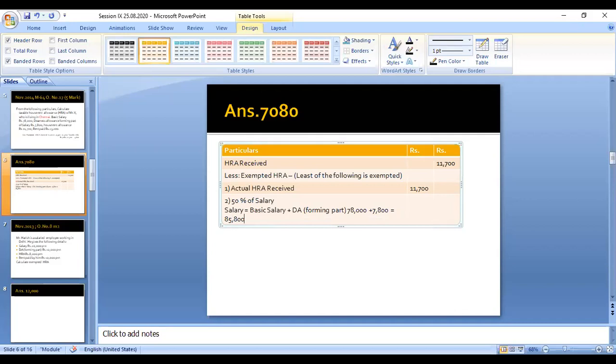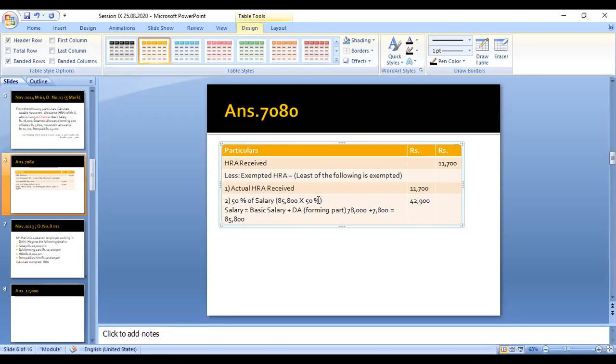From this salary you have to calculate 50%. That amount is 42,900. So 85,800, calculate 50 percentage, and you will get 42,900.